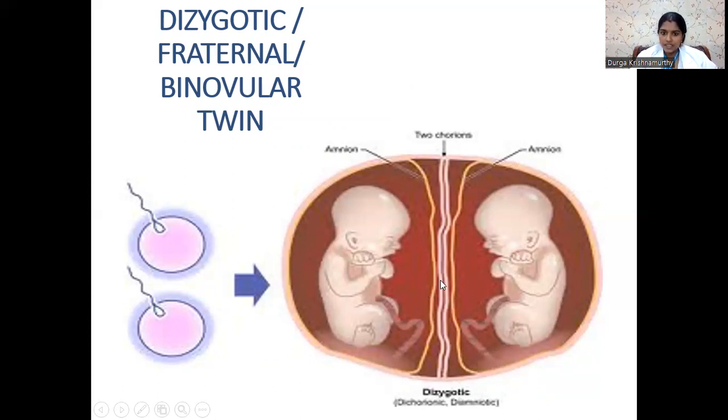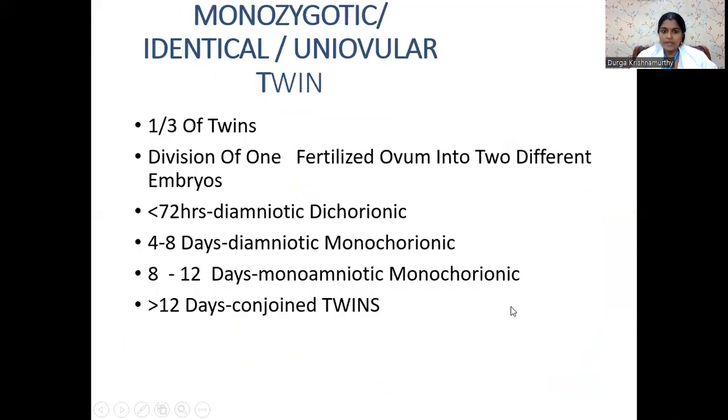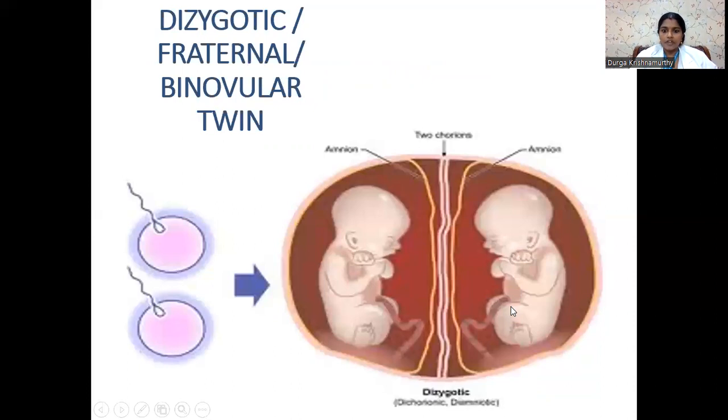You see in the center, the light pink color, the two chorions, and then the two amniotic sacs, and the baby is lying comfortably within that amniotic sac. So this is called dizygotic, which is the commonest one. What type of twins do we call here? We call it dichorionic and diamniotic, that is DCDA.